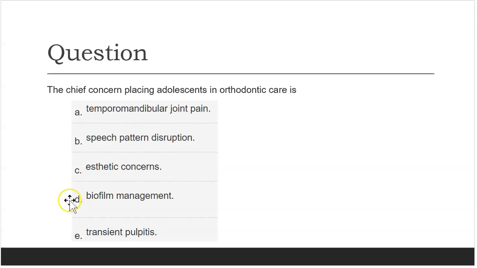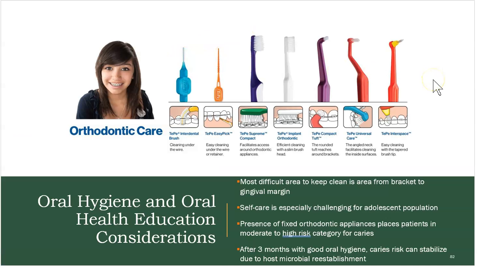We really need them to clean their teeth, and sometimes teenagers are not diligent with that. All the other conditions are potential concerns, but the chief concern is biofilm management. There are lots of different brushes and interdental tools out there to help with cleaning the bracket area. So make sure you make those recommendations to your clients.